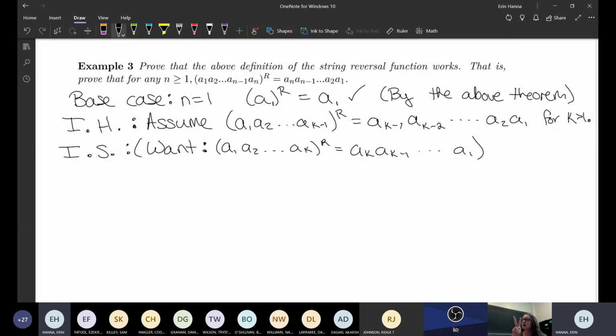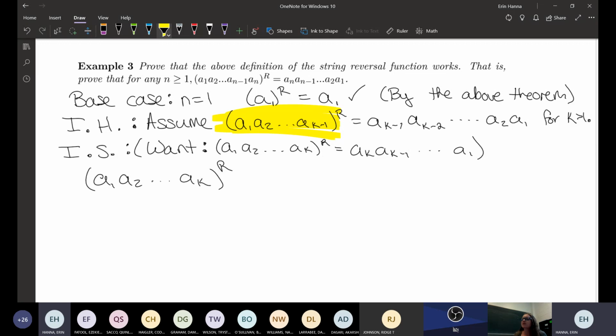So essentially we're going to start with that left side and try to find the right side somewhere. So we're going to start with a1, a2, all the way up to ak, and its reversal. We somehow want to make the string a1 through ak minus 1 reversed show up.